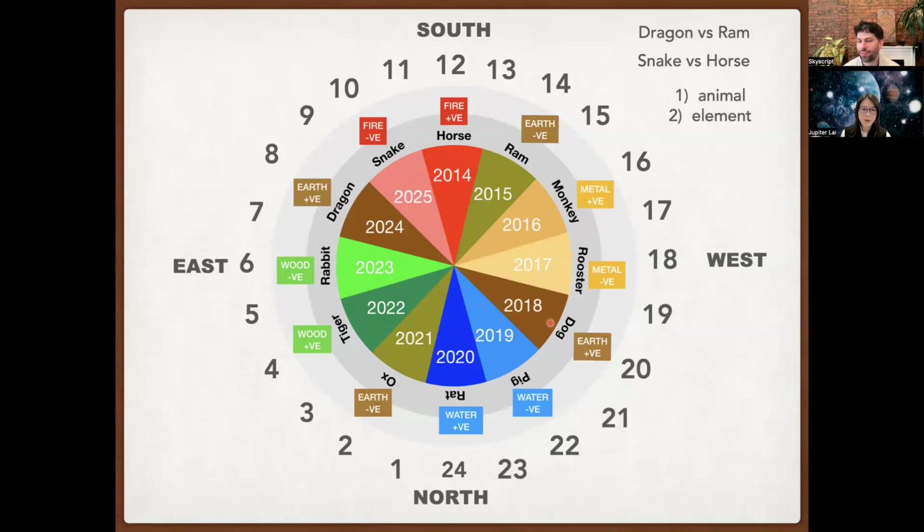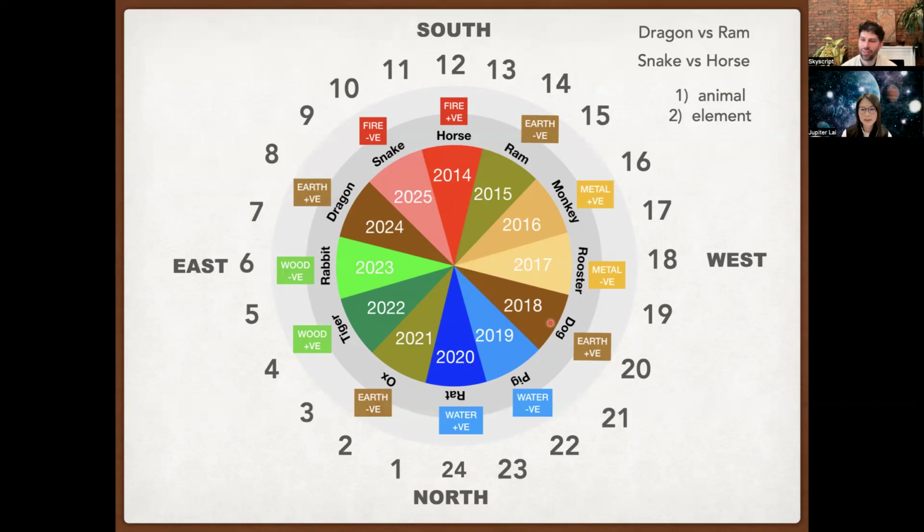So maybe you have heard that there is a metal dog, earth dog, whatever, because besides the earthly branches in the Chinese astrology when doing the birth chart, the four pillars, there is also a part of it called heavenly stems. So it is a mixture of different elements.